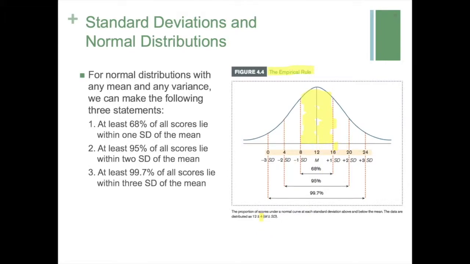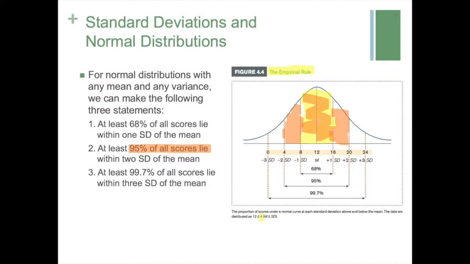So 4 above 12 and 4 below 12, we're going to find 68% of the scores. 95% of all scores lie within 2 standard deviations of the mean. So that's this area here plus the yellow area. And I'll generally cover that over. So this is going to comprise 95% of the scores.